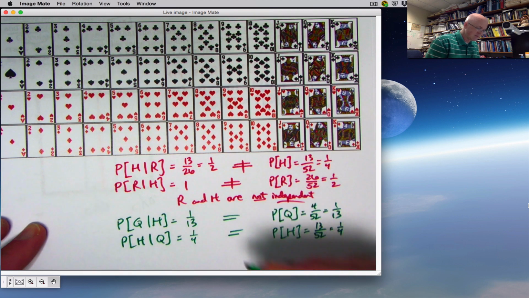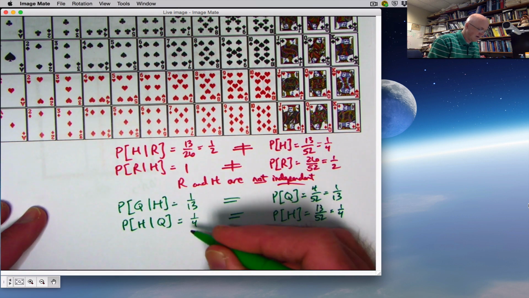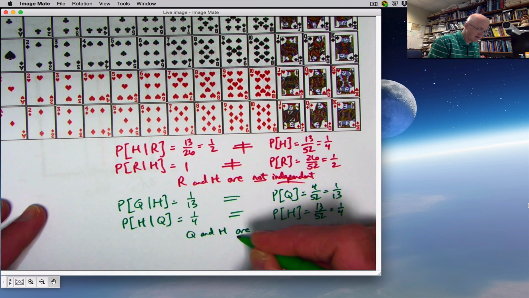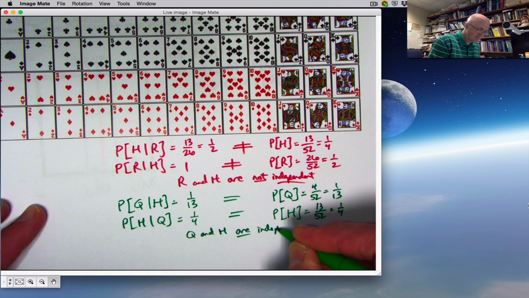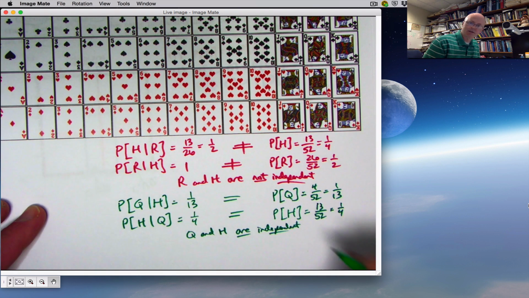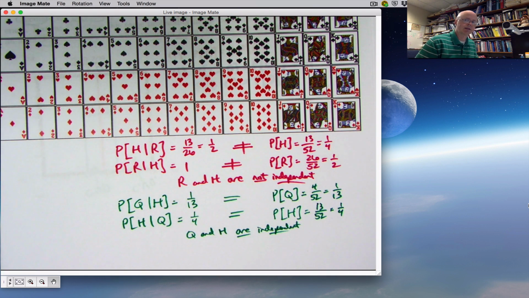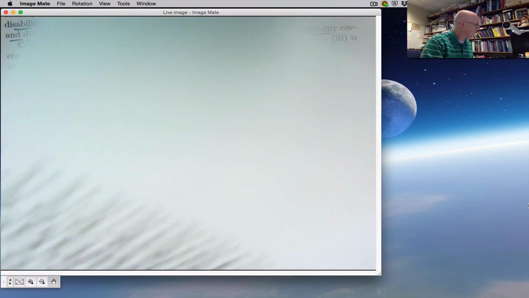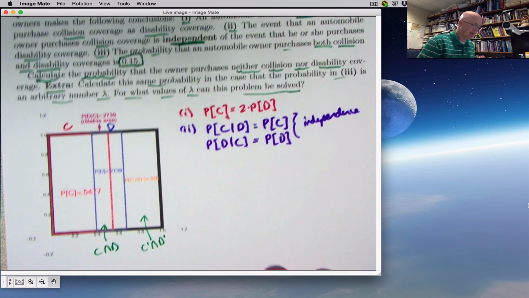These are equal. So Q and H, being a queen and being a heart, are independent. Okay, so this is just to illustrate this idea of independence or not independence. But again, in the problem itself, we're assuming independence.